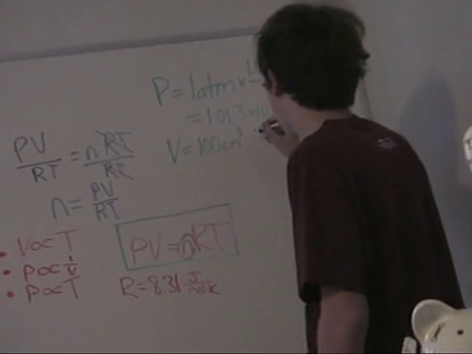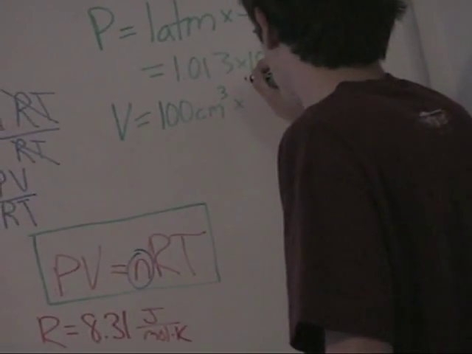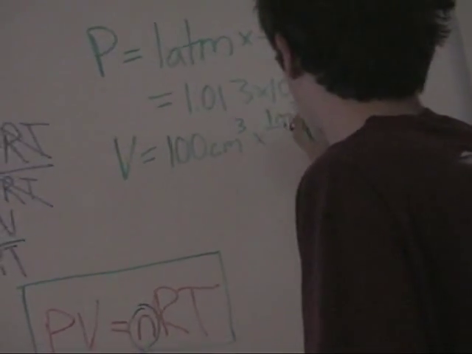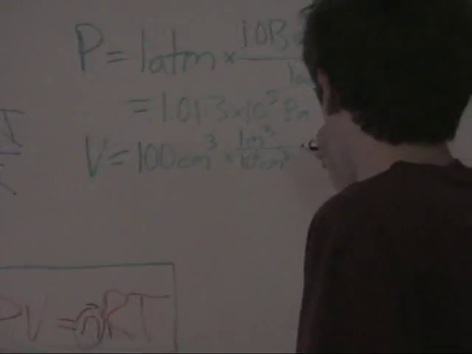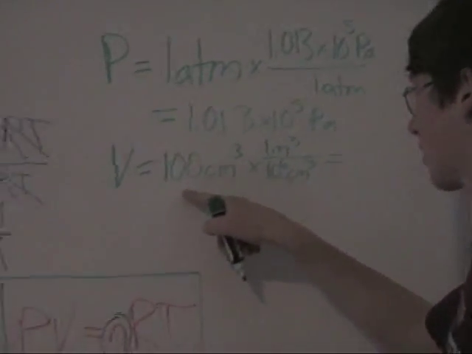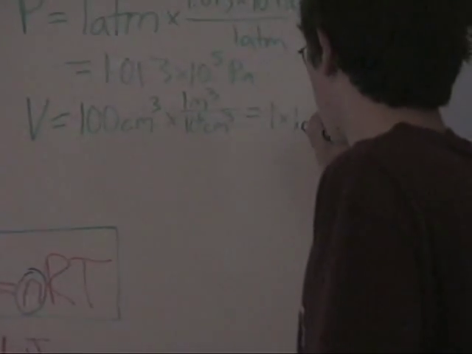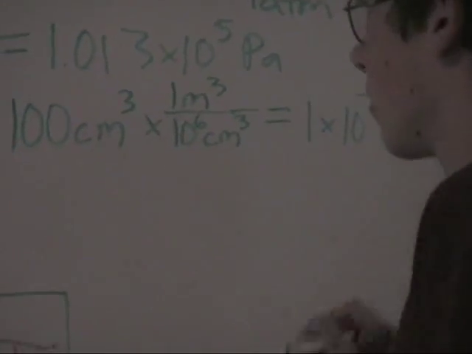So we use another conversion factor, which is that in each cubic meter, there are 10 to the 6th cubic centimeters. So here we get 100, which is 10 to the 2nd, divided by 10 to the 6th, which is 1 times 10 to the negative 4th cubic meters.